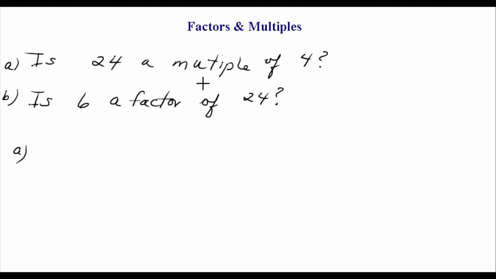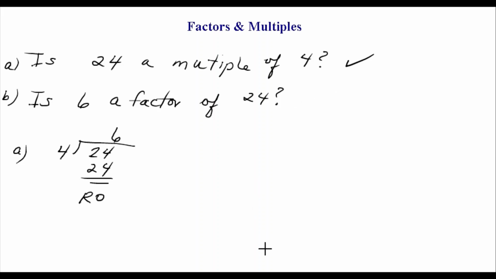So if 24 is a multiple of 4, then 24 divided by 4 will give us a remainder of 0. So 4 into 24 happens to be 6. 6 times 4 is 24. And there's no remainder. So is 24 a multiple of 4? Yes.